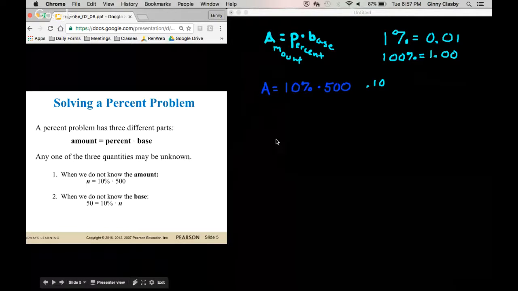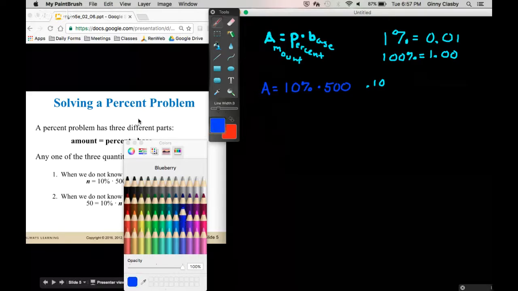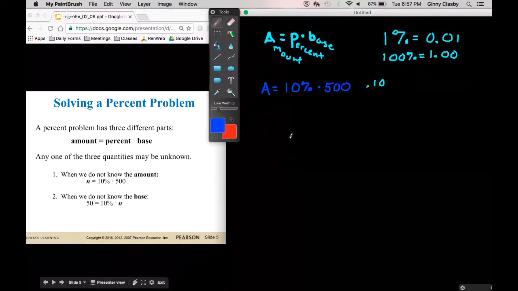All right, if you don't know what your base is, so that's the number that you're multiplying that percent by. If your amount is 50, your percent is 10%, and you're not really 100% certain what the base is, and they're asking you to solve for that, you want to work that out.